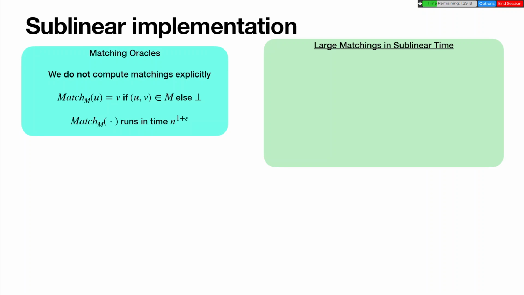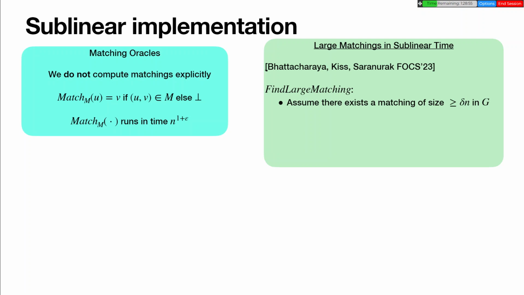The way we build our algorithms, we hinge heavily on a recent result in the literature from Bhattacharya, Kiss, and Saranurek, FOCS 2023. What they do in their paper is design an algorithm called find large matching, which finds a pretty large matching whenever there exists a large matching.